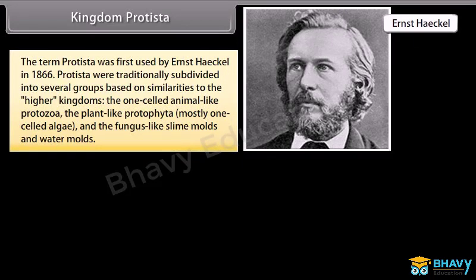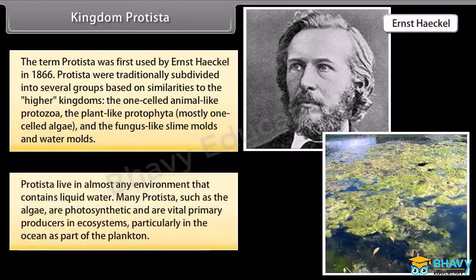Protista were traditionally subdivided into several groups based on similarities to the higher kingdoms: the one-celled animal-like protozoa, the plant-like protists, mostly one-celled algae, and the fungus-like slime molds and water molds. Protista live in almost any environment that contains liquid water.